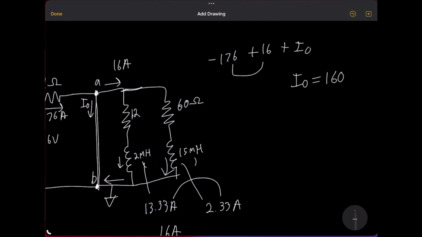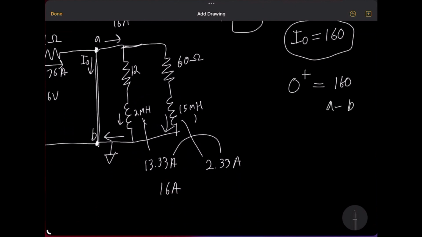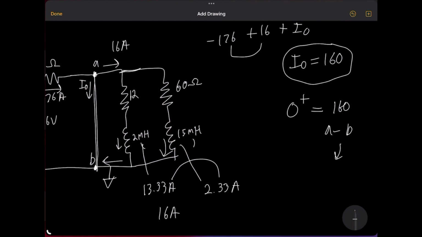Okay, now that we've figured out what I0 is going to be, and this is 0 plus, 0 minus will be before that short circuit is added. To the right of 0, I0 is going to be 160, from A to B. And then as this goes to infinity, as time passes, there's going to be nothing being supplied from those inductors over there.